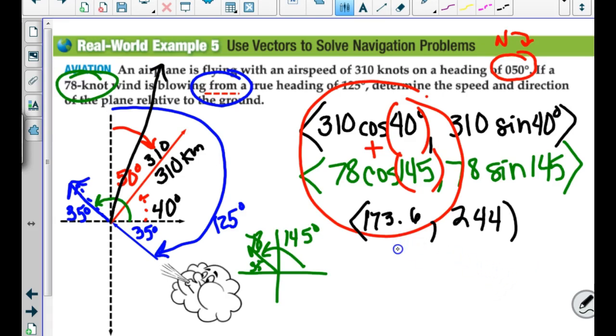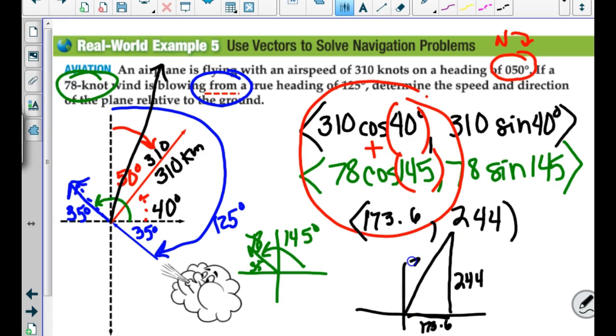To figure out the actual speed of the plane in knots, we need to figure out, if I have this vector that's going 173.6 over and 244 up, how can I figure out the length of that right there, guys? Pythagorean theorem, okay? So we need to be really clear on that. To find the length when we have the xy coordinates, we just do Pythagorean theorem.